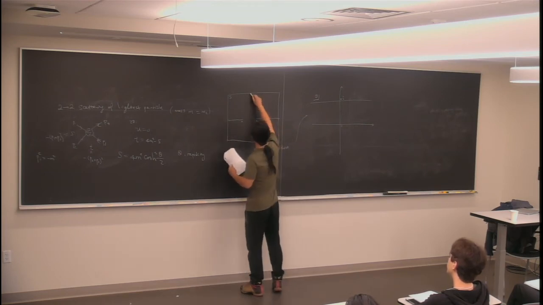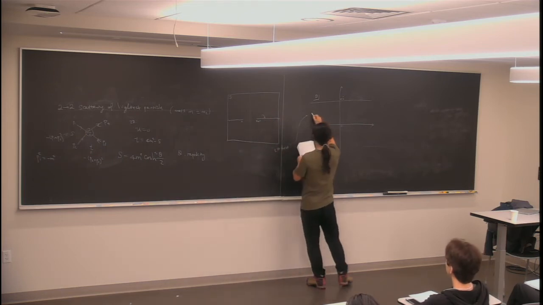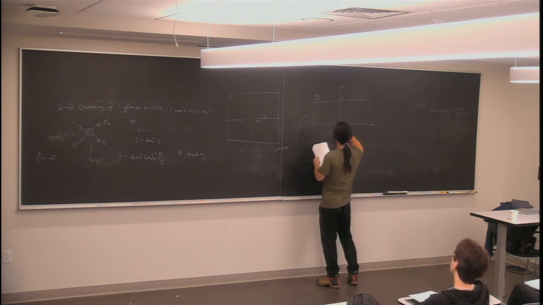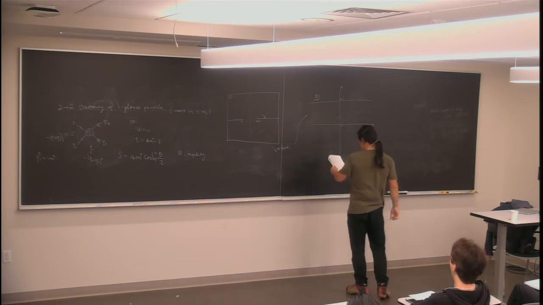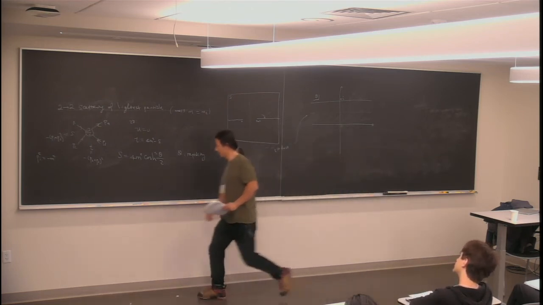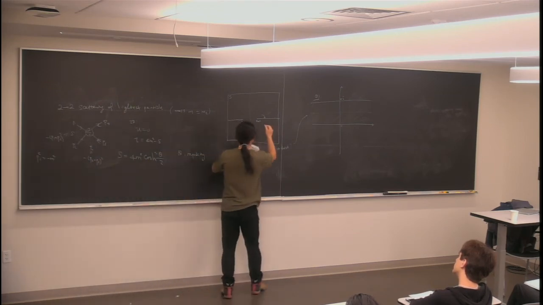For some reason, I'm going to talk a lot about the right half of the S-plane, just to orient ourselves. It's going to map to the lower half of this strip. Then there's going to be some special point on the physical cut, let's say over here.